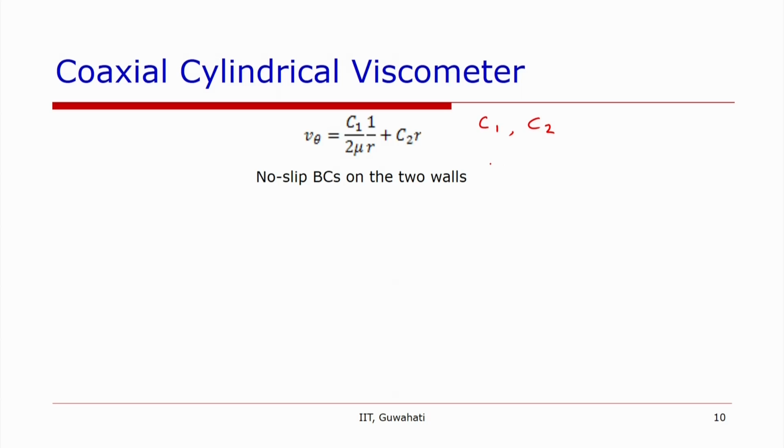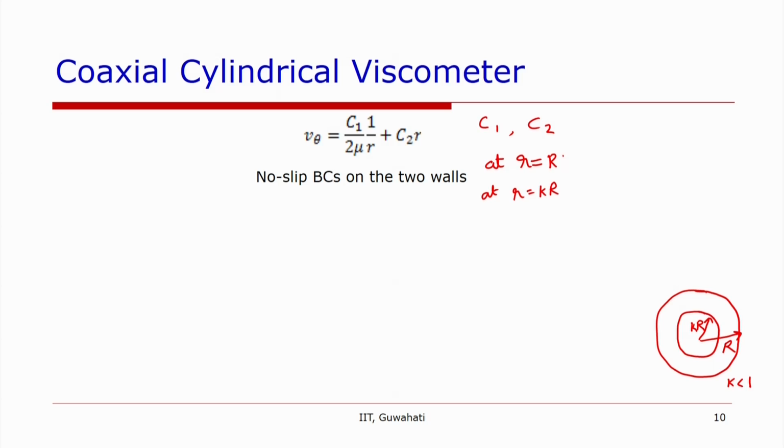So that means at r is equal to capital R and at r is equal to kappa R, let us say that the radius of the outer cylinder is R and the radius of the inner cylinder is kappa times R. So kappa will be less than 1.